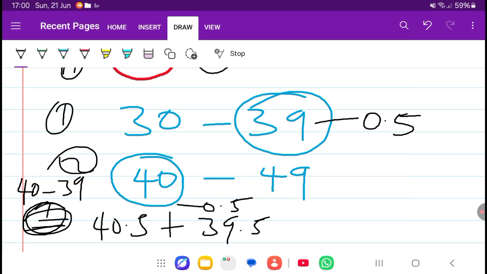So now the question is, if I want to get, because remember we started from 30 here, but there are numbers below 30, meaning on this one we shall just take off. It will be 30 minus 0.5.